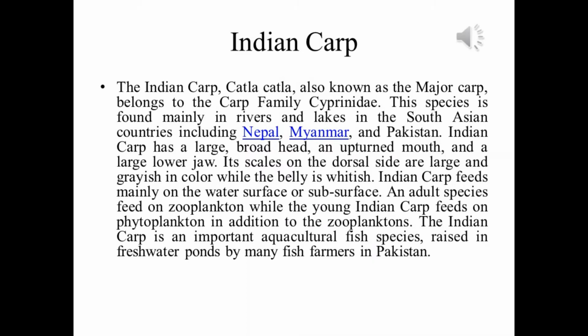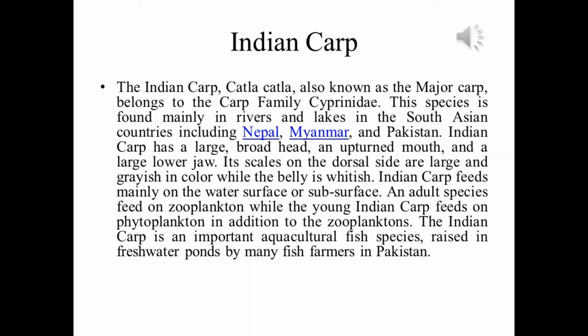Indian carp has a large, broad head, an upturned mouth, and a large lower jaw. Its scales on the dorsal sides are large and grayish in color, while the belly is whitish. Indian carp feeds mainly on the water surface or subsurface.